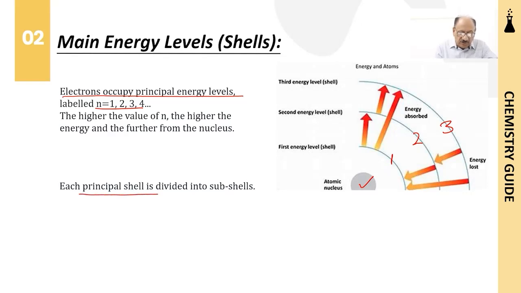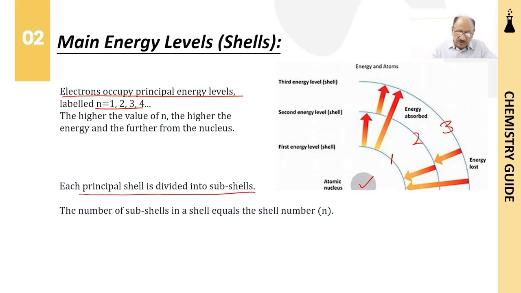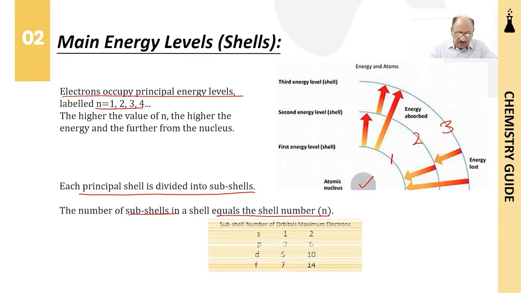Each principal shell is divided into subshells, and the number of subshells in a shell equals the shell number n. So s has 1 orbital, p has 3, d has 5, and f has 7 orbitals. And the maximum number of electrons s can hold is 2, p can hold 6, d 10, and f can hold 14 electrons.